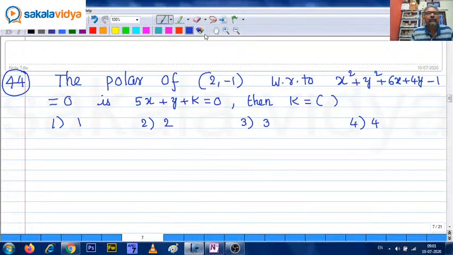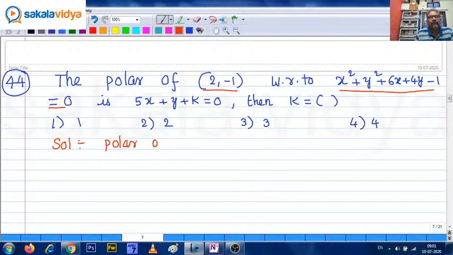Okay, first let us find out the polar of (2, -1) with respect to the circle. Then we need to compare. The polar of (x1, y1) with respect to S = 0 is S1 = 0.